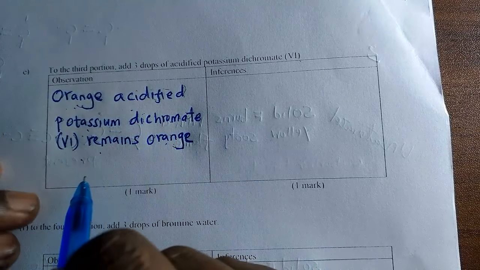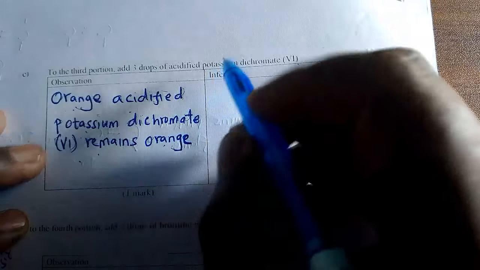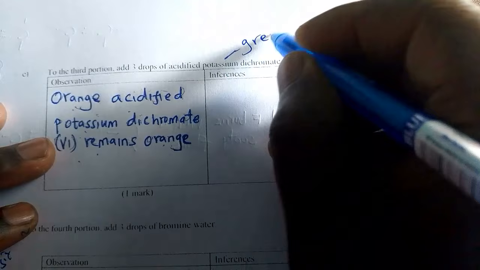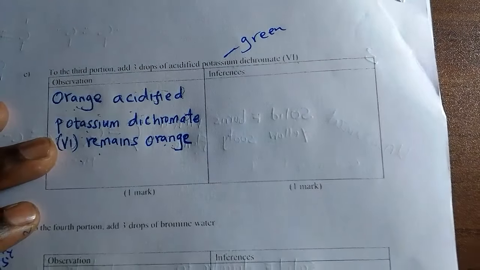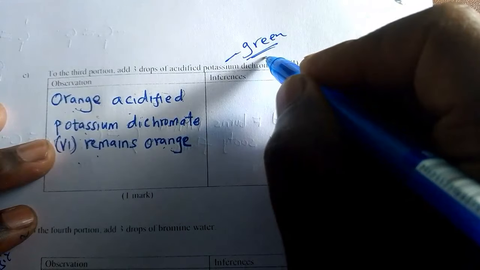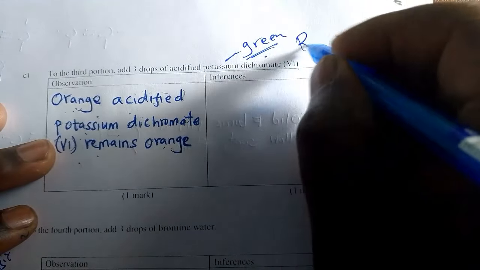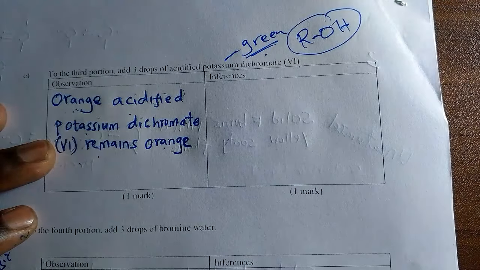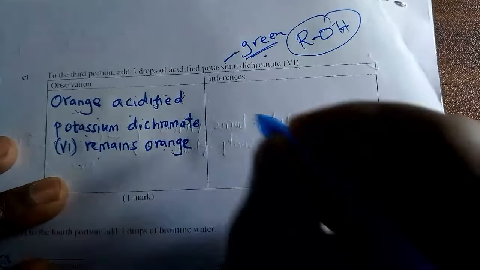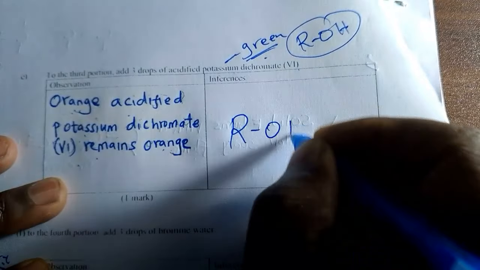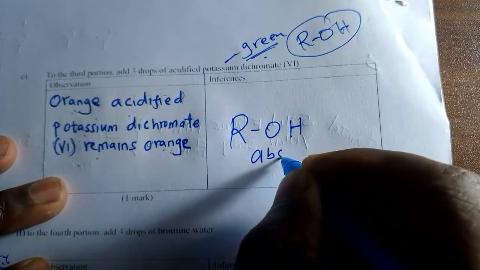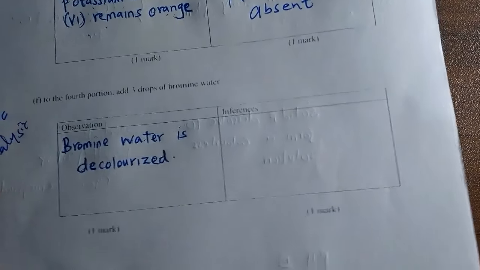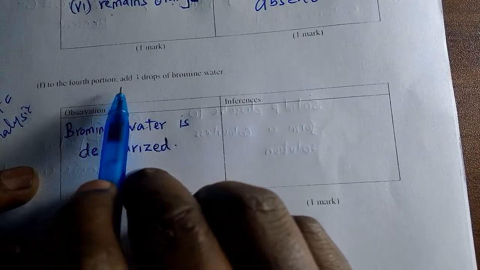This one is usually expected to change to green after being warmed, indicating the presence of ROH. Only it is used to test for an alcohol. But now it did not change. It means the ROH is absent.